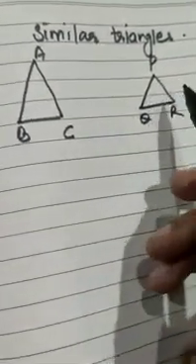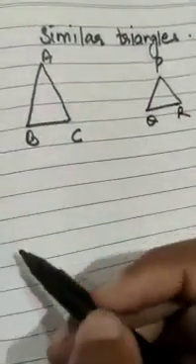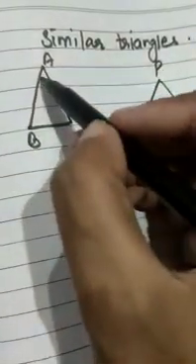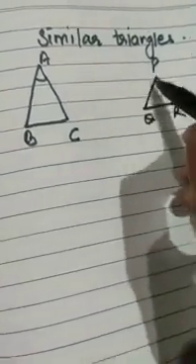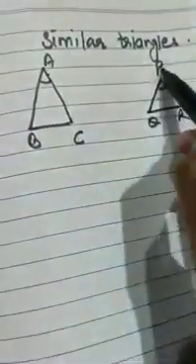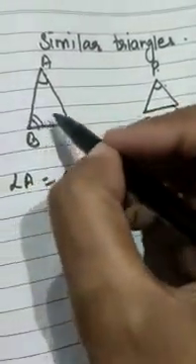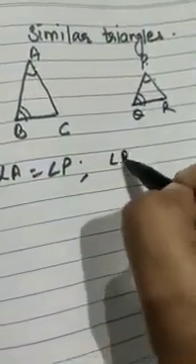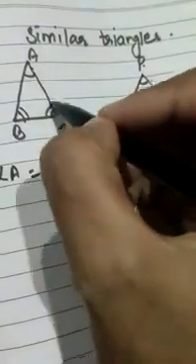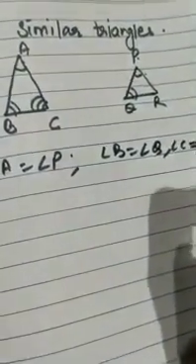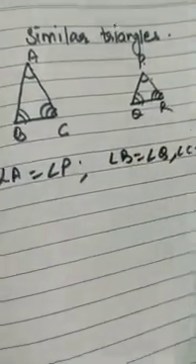Triangles are said to be similar if their corresponding angles are equal. What do you mean by corresponding here? Angle A can be equal to angle P, angle B equal to Q, angle C equal to angle R. Right?